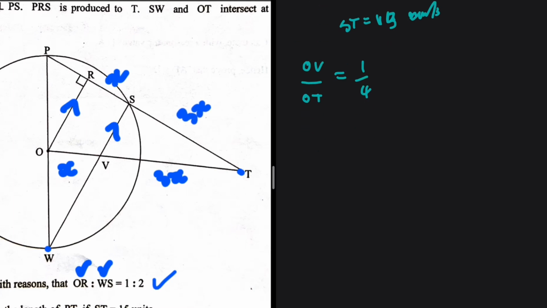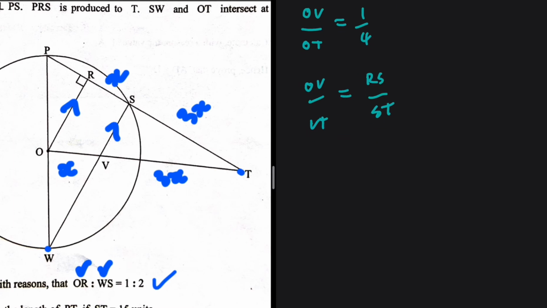Okay, so let's get formal. OV over VT is equal to RS over ST. So OV over VT is going to be x over 3x. RS, we don't know that one. And then ST is 15, right?